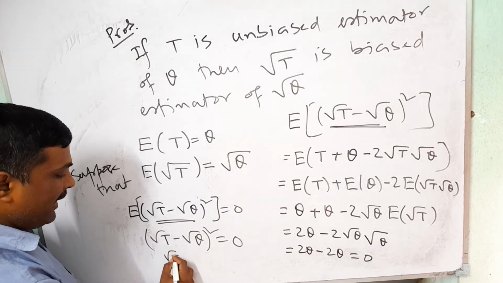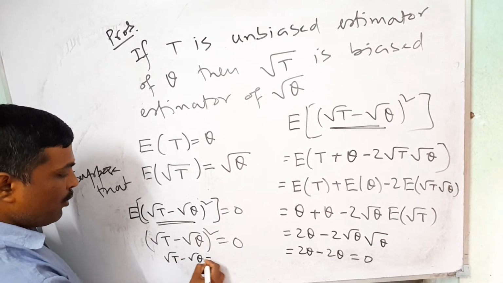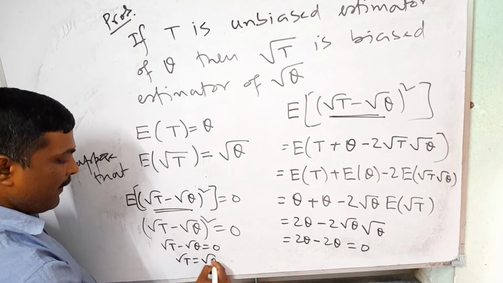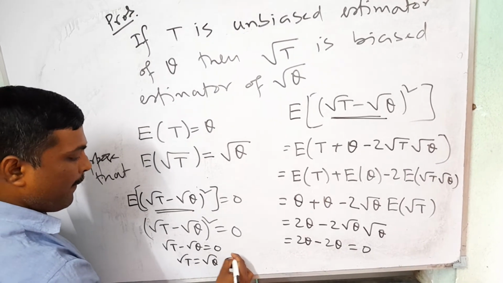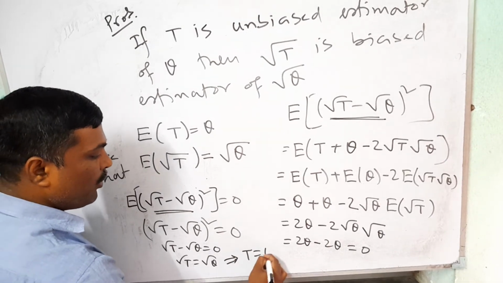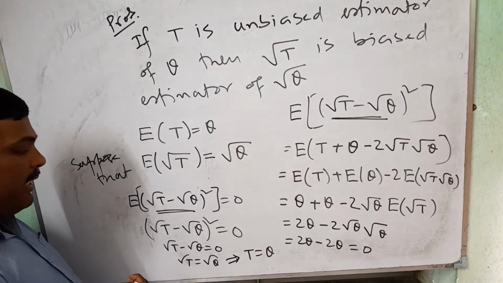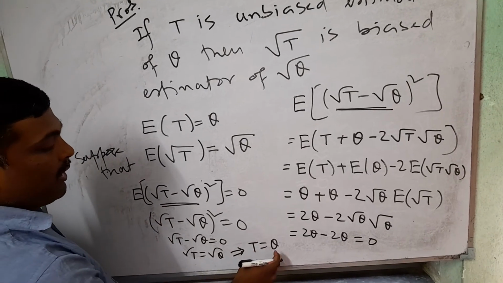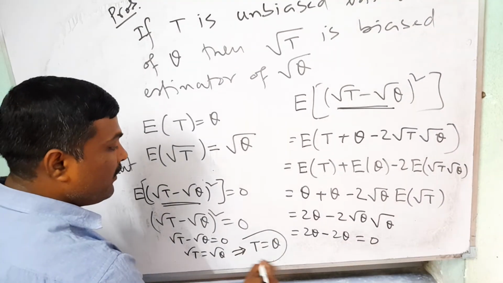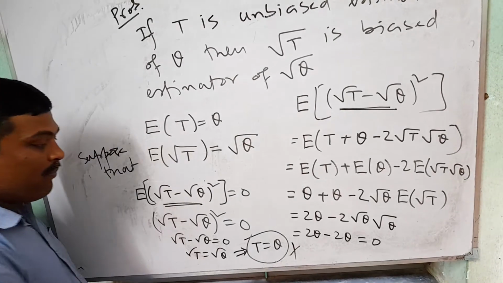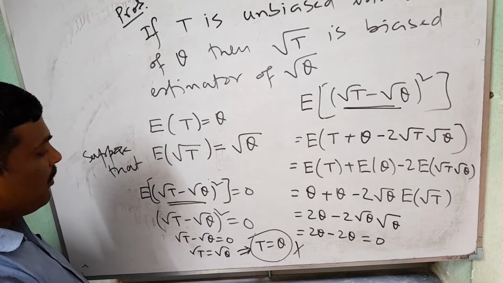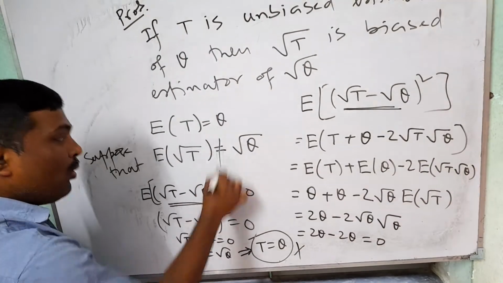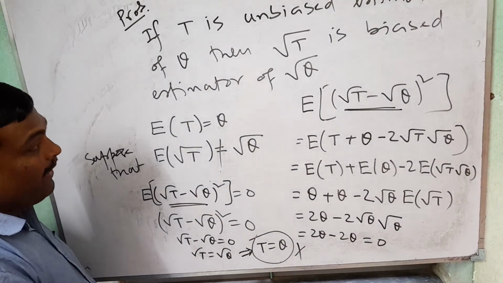So root over T minus root over theta equals 0, so root over T equals root over theta. That implies T equals theta, that is T equals theta. This is not possible. So our assumption is wrong. That is, E of root over T not equals root over theta.